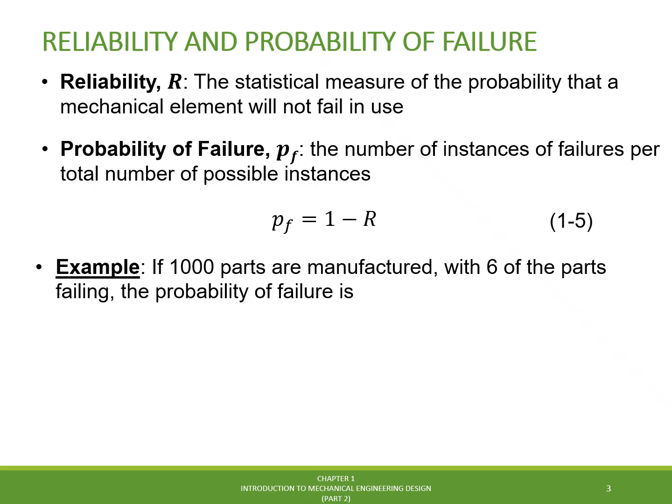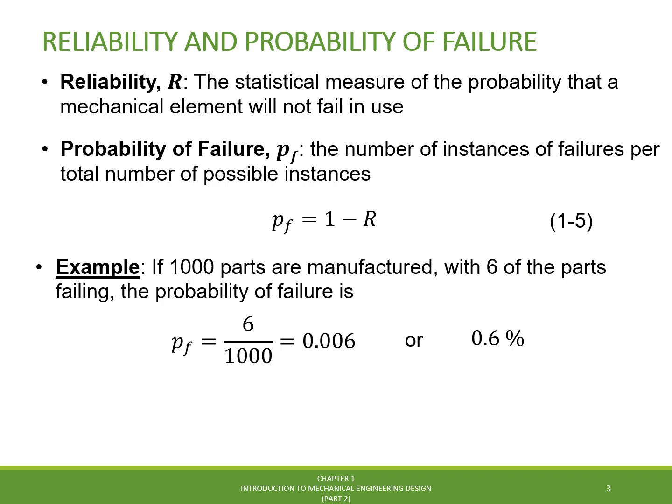So for example, if we have 1,000 mechanical parts to be manufactured, and we expect that 6 of them will fail in use, then the probability of failure for this case can be calculated as 6 failed parts divided by 1,000 parts, the total batch manufactured, which is going to be equal to 0.006 or 0.6%.